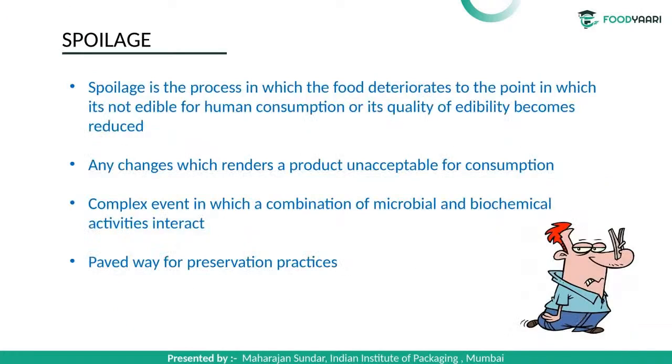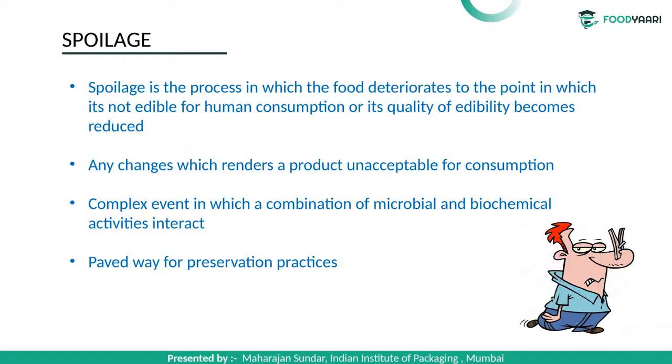Next slide. Spoilage. You know what spoilage is. Spoilage is the process in which food deteriorates to the point that it is not edible for human consumption, or its edibility becomes reduced.